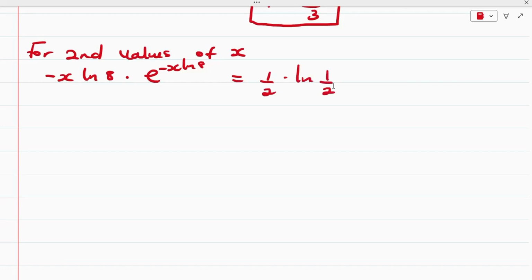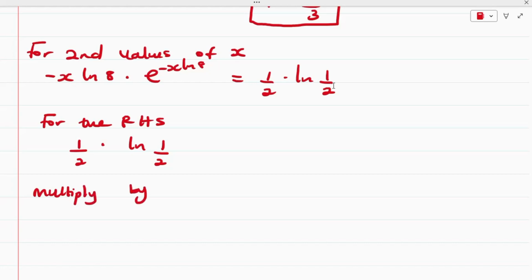So we want to simply work with the right hand side. For the right hand side of this equation, which is 1 over 2 multiply ln of 1 over 2, the first thing we want to do is to multiply by 4 over 4. This becomes 4 over 4 multiply 1 over 2 into ln of 1 over 2. So from here, 2 here is 1, 2 here into 4 is 2.